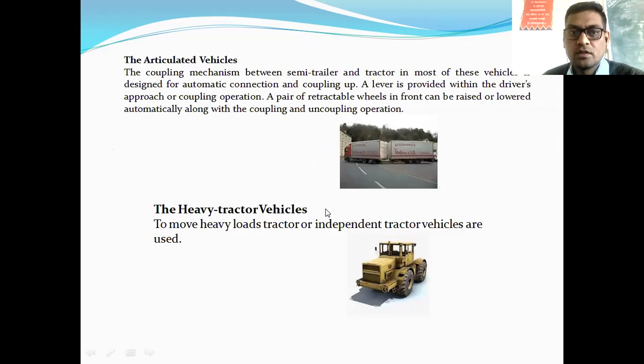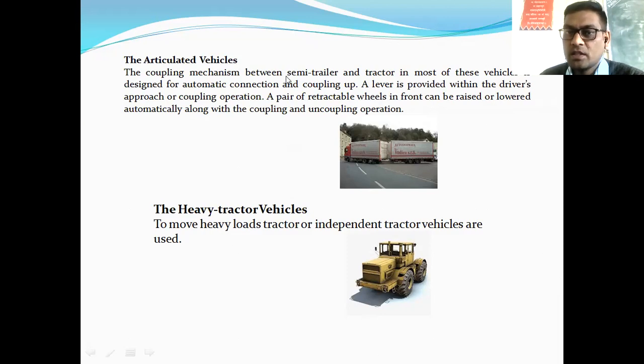Next are the articulated vehicles. What is an articulated vehicle? It is different from a single unit vehicle in that it has two or more units, joined together with the help of a coupling or joint, which can be coupled or decoupled according to the need. It can be seen in the image that there is a joint used as a coupling for these two units to be held together and form a vehicle.